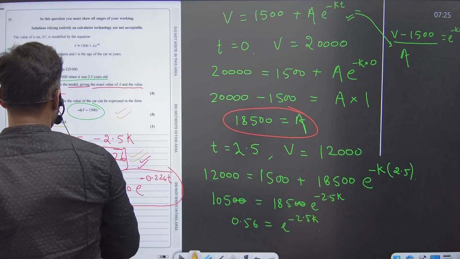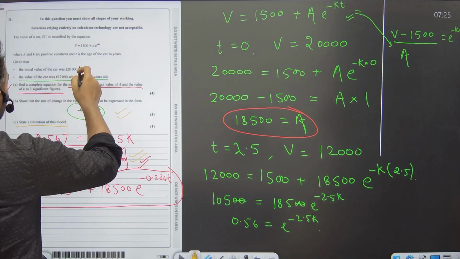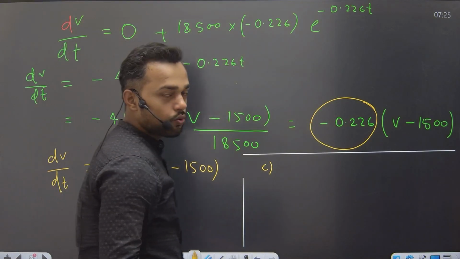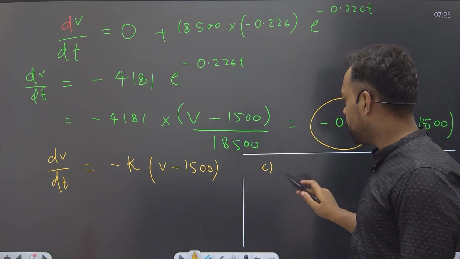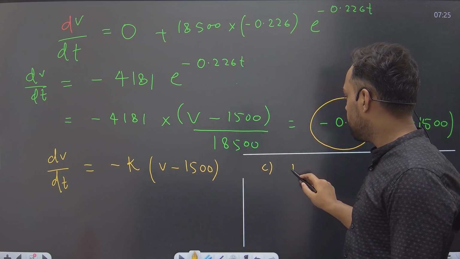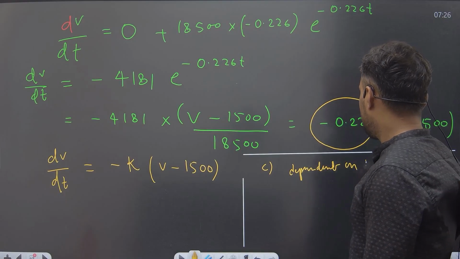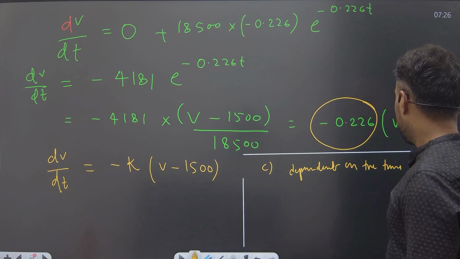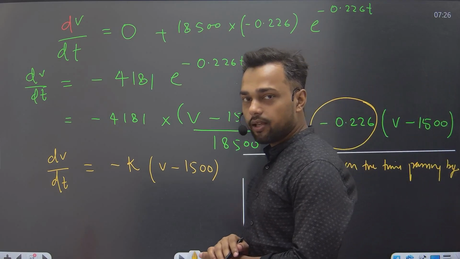The limitation of this particular question will be that the value of the car is totally dependent on the time passing by. Okay, this value of the car is totally dependent on the time passing by.